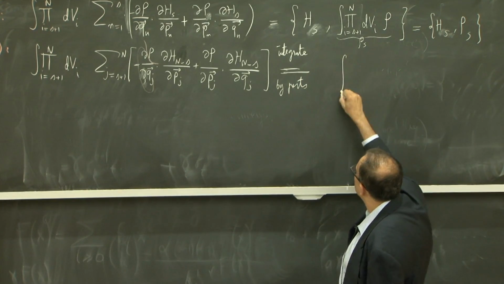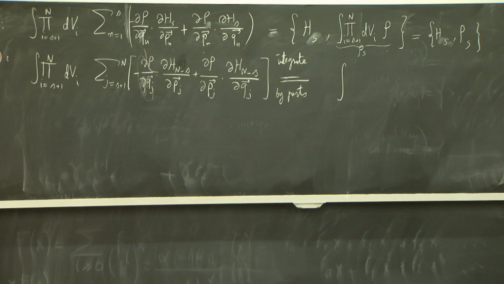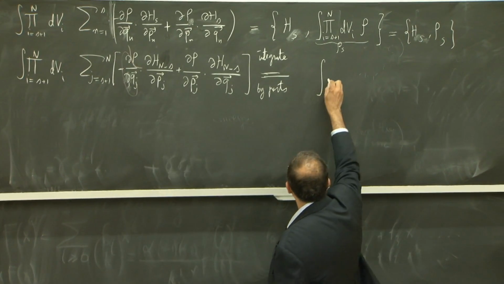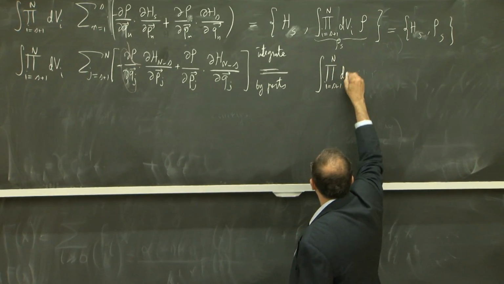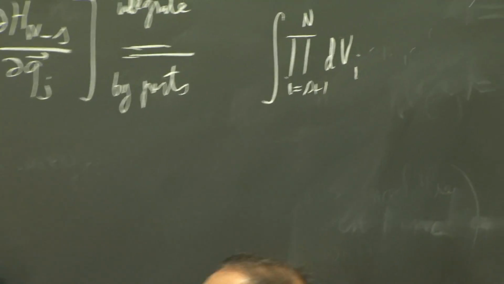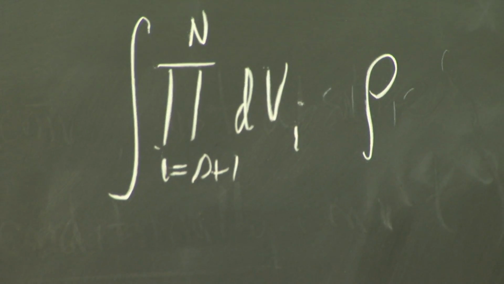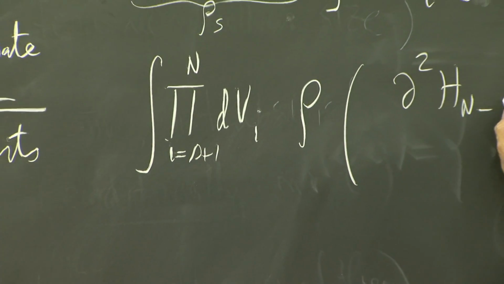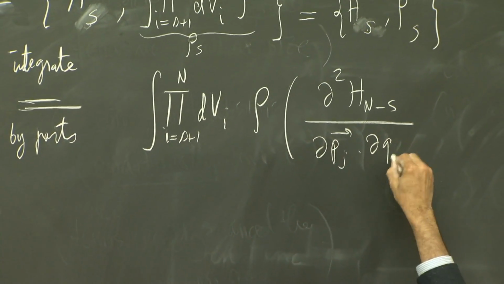I will get surface terms. Surface terms are essentially rho evaluated when the coordinates are at infinity or at the edge of your space, where rho is 0. So there is no surface term. There is an overall change in sign, so I will get a product over i running from s plus 1 to n of d vi. Now the rho comes outside, and the derivative acts on everything that is left. So the first term will give me a second derivative of h n minus s with respect to p and with respect to q.